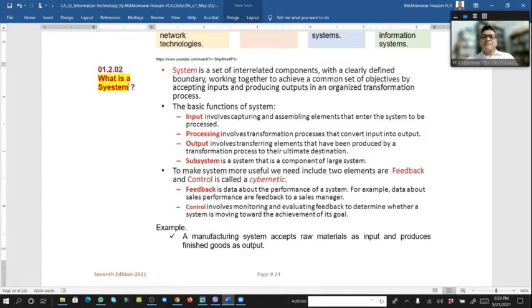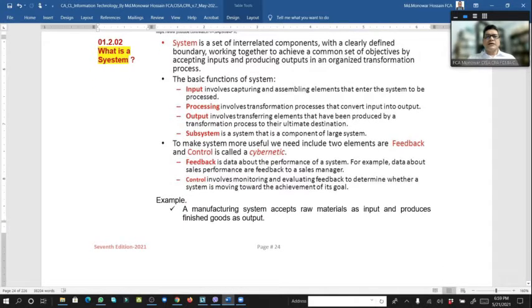The basic functions of a system: number one, input, processing, output, and subsystem. Input involves capturing and assembling elements that enter the system to be processed.